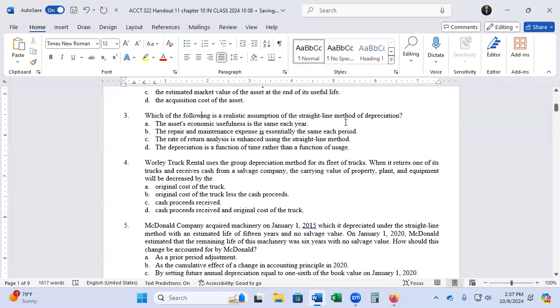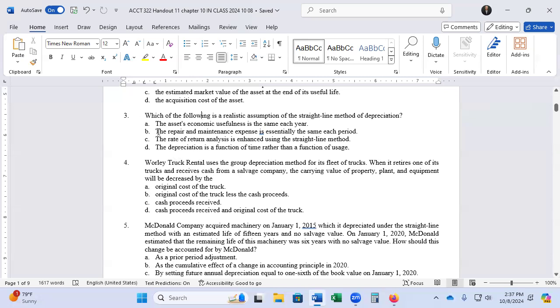Which of the following is a realistic assumption of the straight line method of depreciation? The asset's economic usefulness is the same each year. So is that realistic? No, typically things break down. I would argue for computers and things like that, this should be the case. But for machines and things like that, you typically have more maintenance costs later on in life. Even things like buildings, plant like that would also have different maintenance costs as the building gets older.